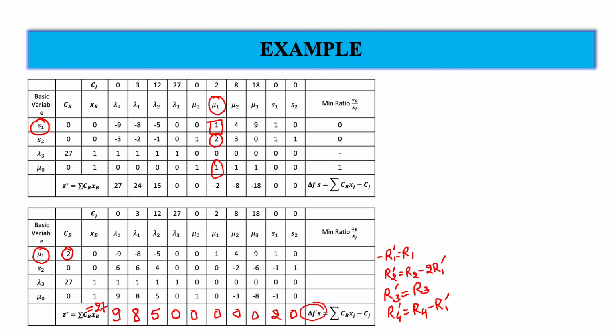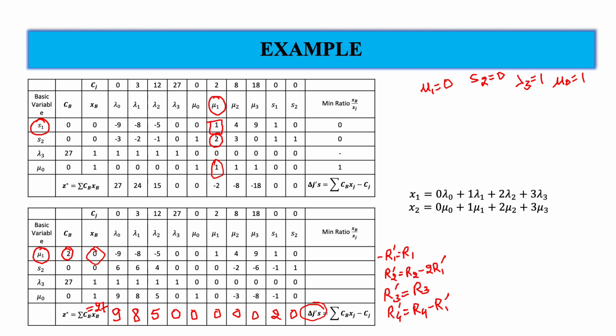So what are the optimal solution values? mu1 is 0, s2 is 0, lambda 3 is 1, and mu naught is 1. So these are our optimal solution.